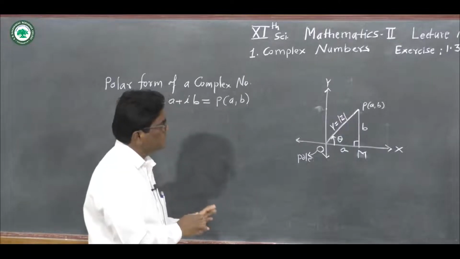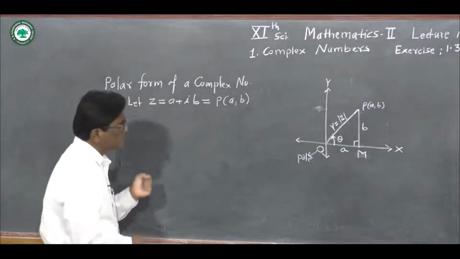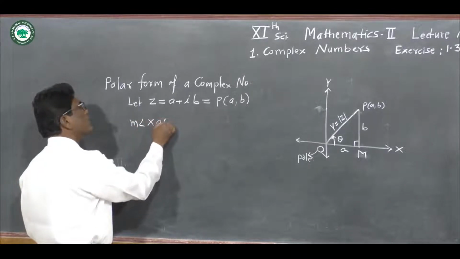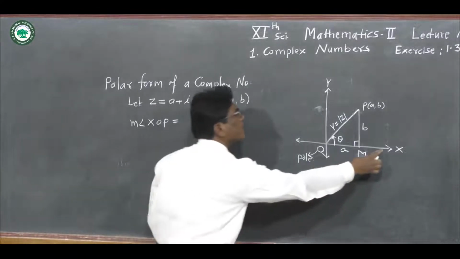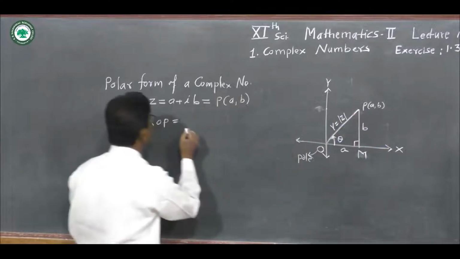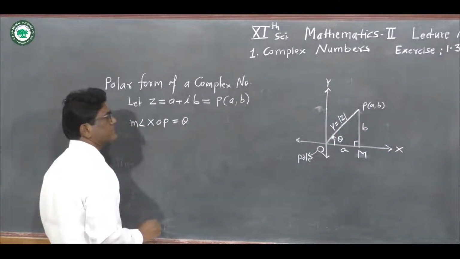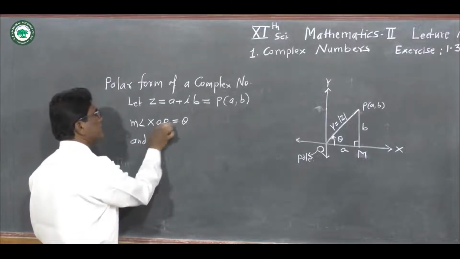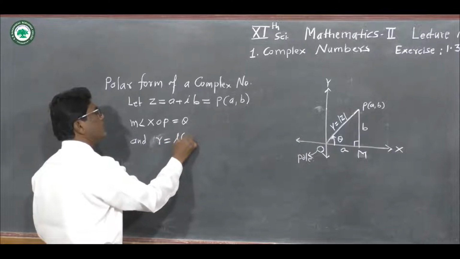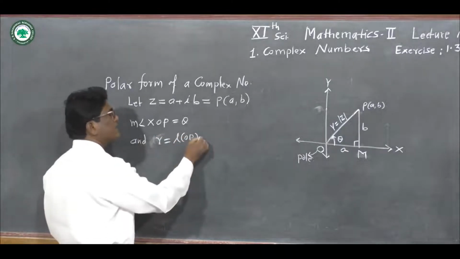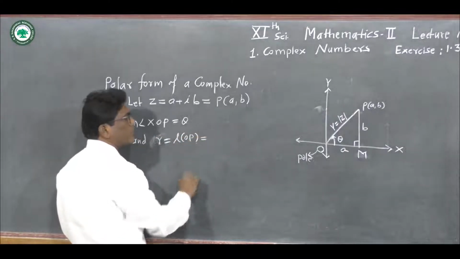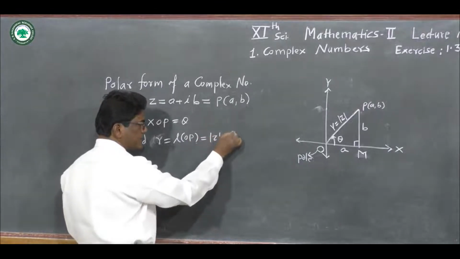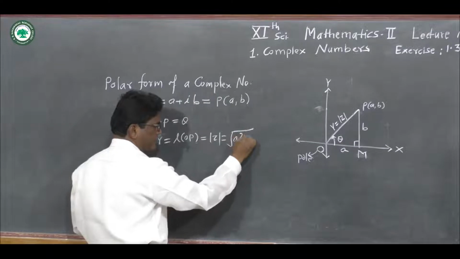R is equal to mod of Z. Here, the measure of angle XOP is equal to theta, and the length of OP, R, is the distance of the point P from the origin, which we denote as mod of Z, and it is equal to the square root of A squared plus B squared.